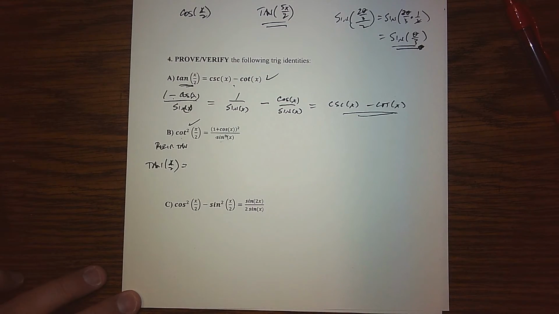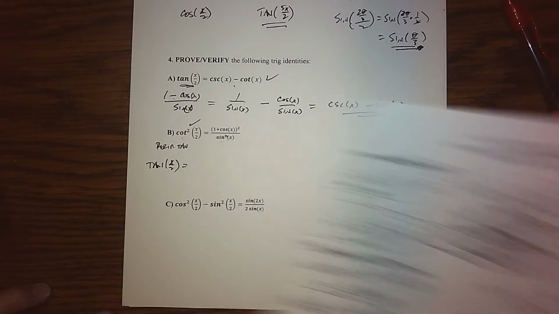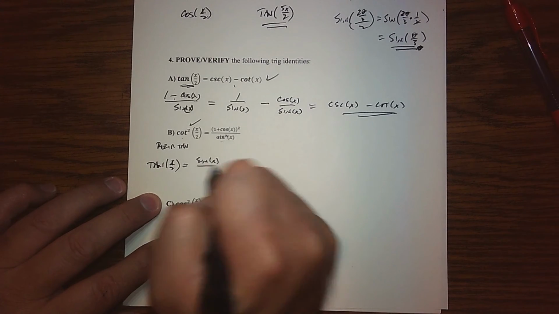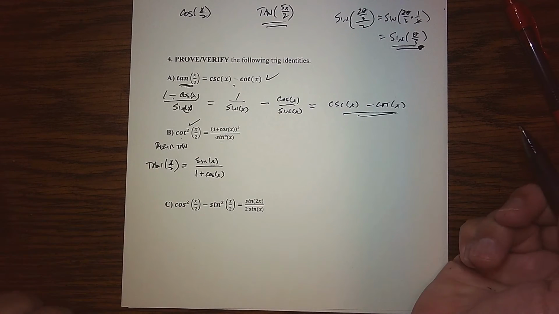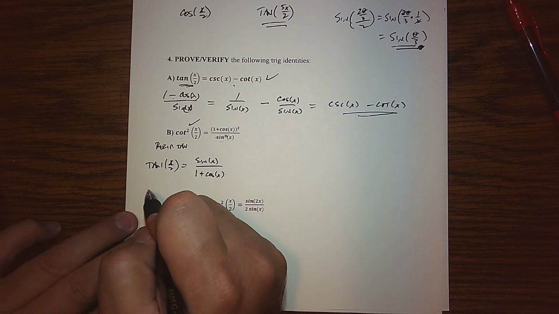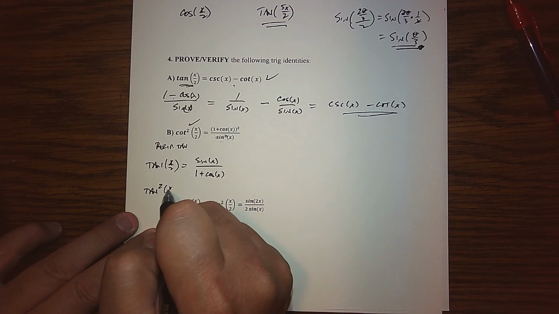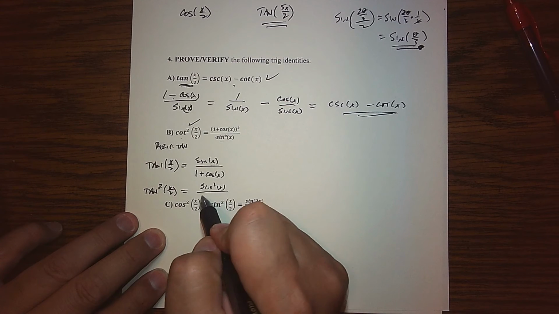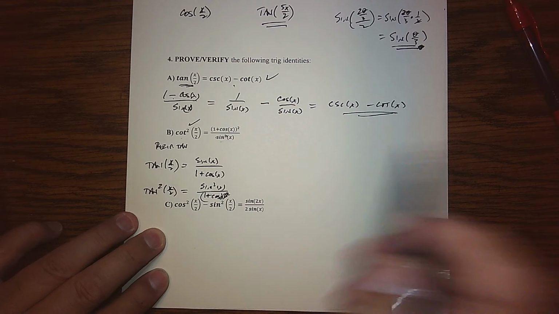I bet what we need is this middle one. So we know that the tangent of x over 2 is sine x all over 1 plus cosine of x. So this would mean that the tangent squared of x over 2 is sine squared x all over 1 plus cosine x, squared.